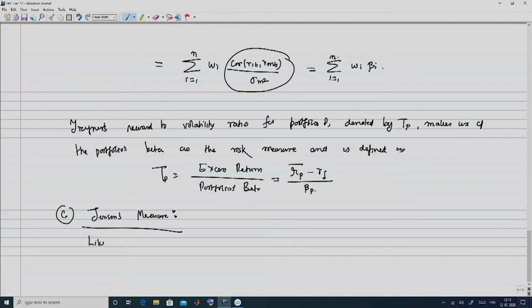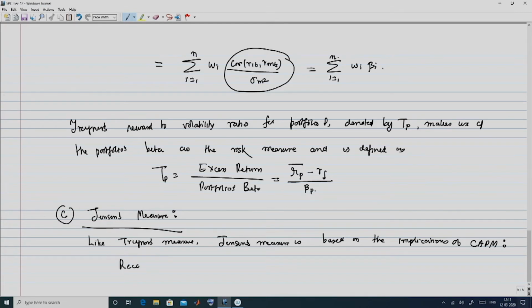Alright, so like Treynor's measure, Jensen's Measure is based on the implications of CAPM.